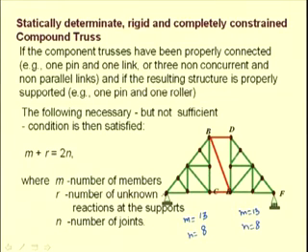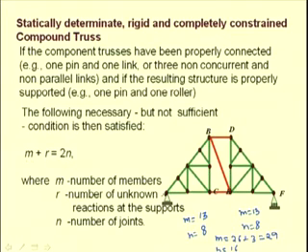So, the total number of members in this case is 26 plus the 3 connecting links, that is 29, and the total number of joints is 16.